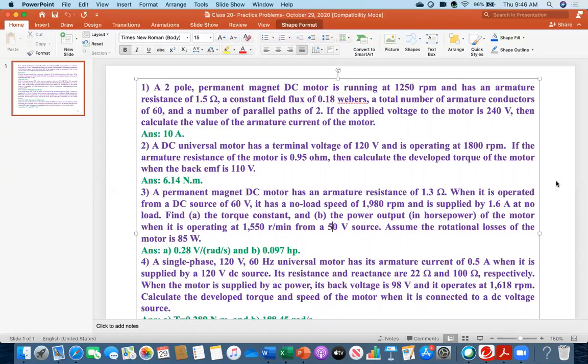Although these problems are very similar to what we discussed in the last class or previous class, still you need to look carefully. First, you need to understand those problems and then start.